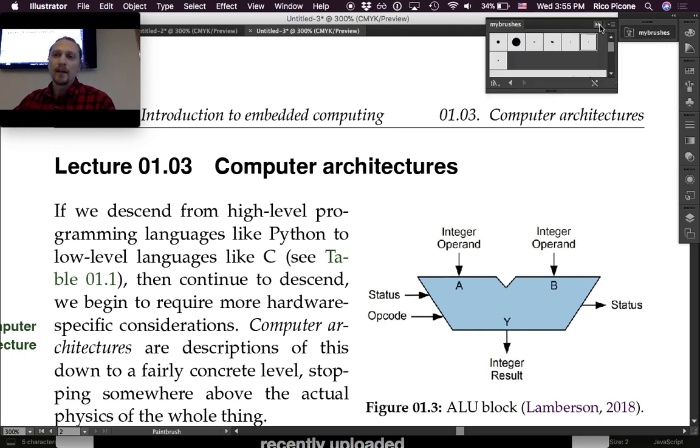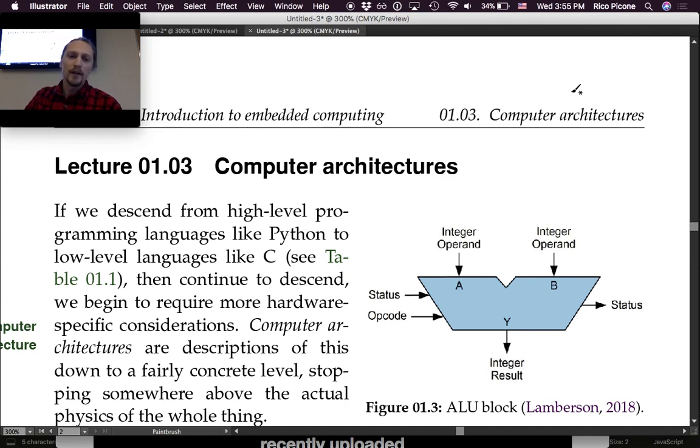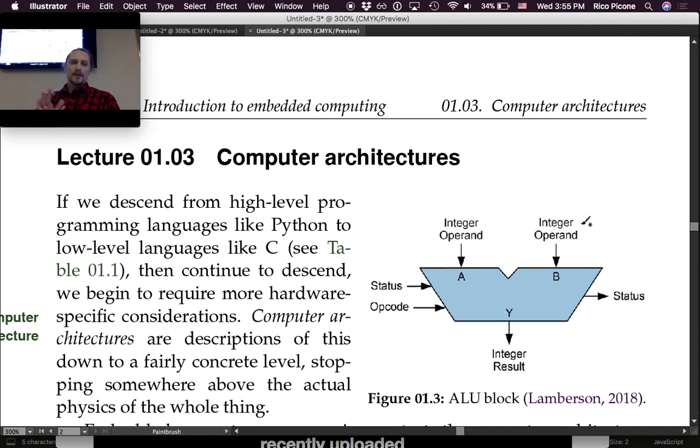So we are on lecture 103, computer architectures. If we descend from high-level programming languages like Python to low-level languages like C, remembering table 1.1 with its descent, then continue to descend, we begin to require more hardware-specific considerations.